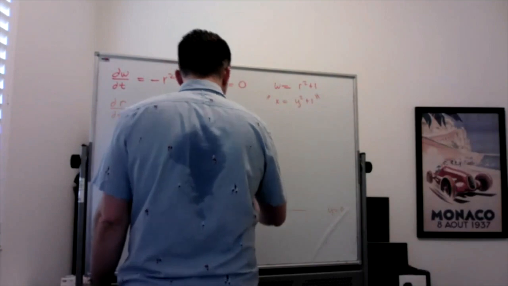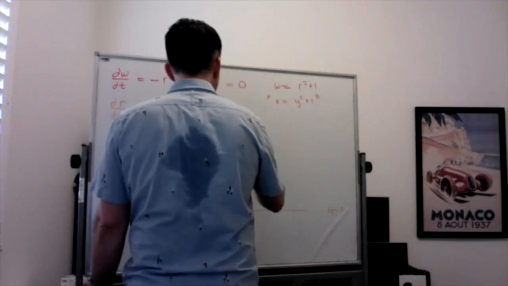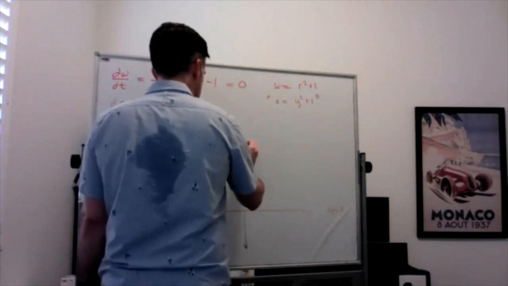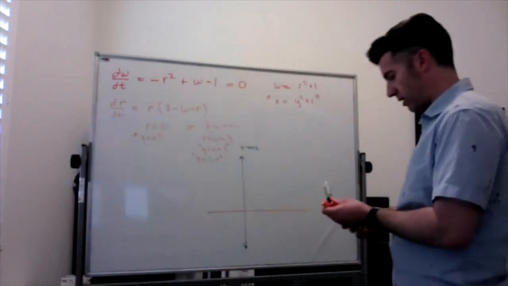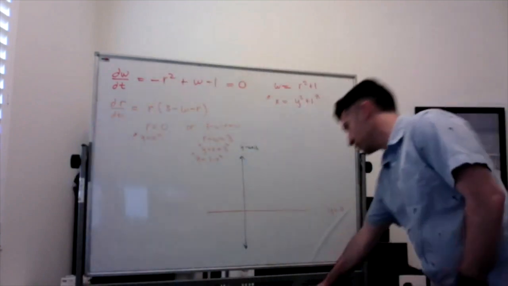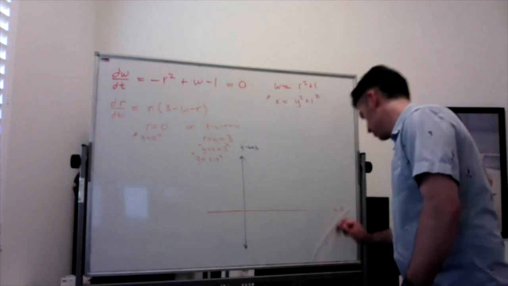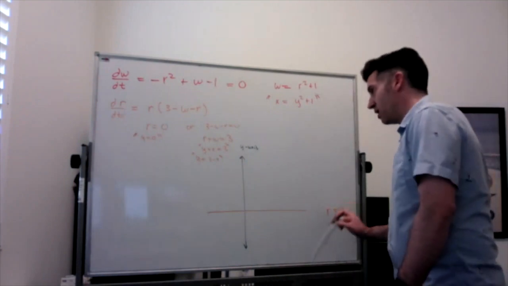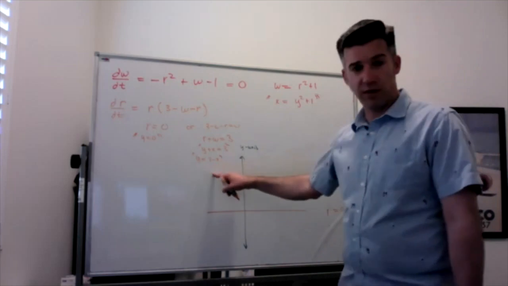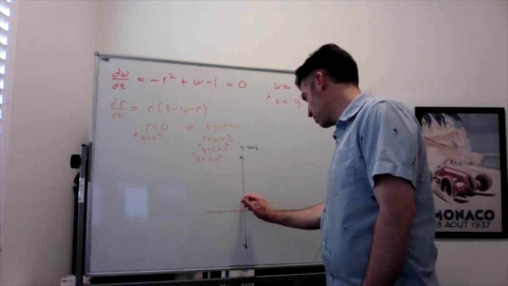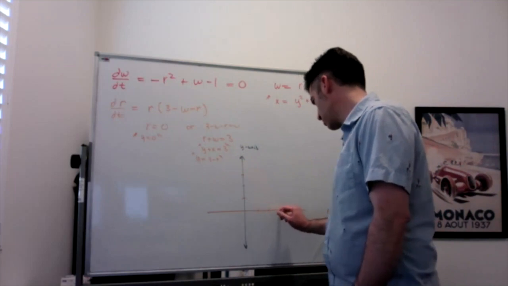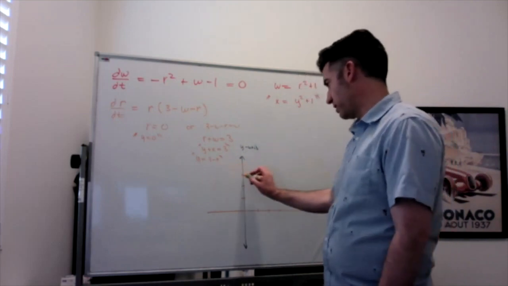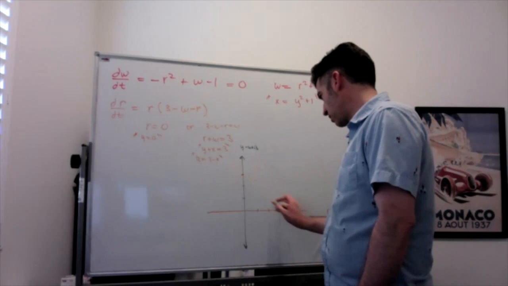So here's my vertical axis. And I guess I should really say, this is really not y equal to 0. This is r equal to 0. And then we also have y equal to 3 minus x. So I'm going to go up 3, over 3. And y equal to 3 minus x has a y-intercept of 3 and an x-intercept of 3.